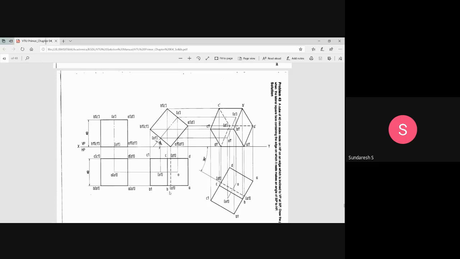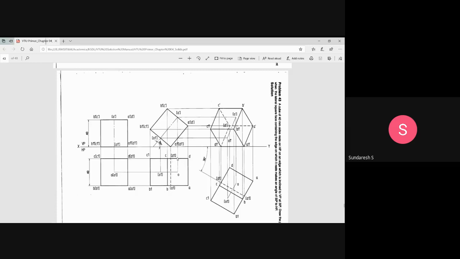Whether they are visible or not, they look like an outline of a solid, so everything will be shown as a continuous thick line. Only the edge which is not visible in the top view is A1 dash and D1 dash, so you can see A1 dash and D1 dash has been shown as a continuous dashed line.